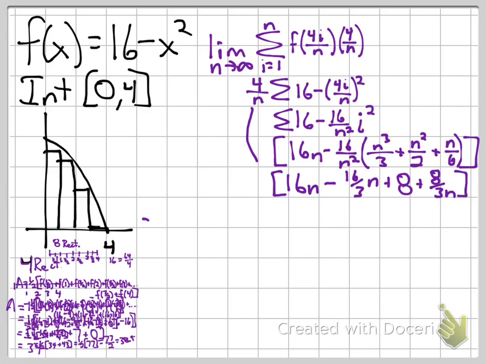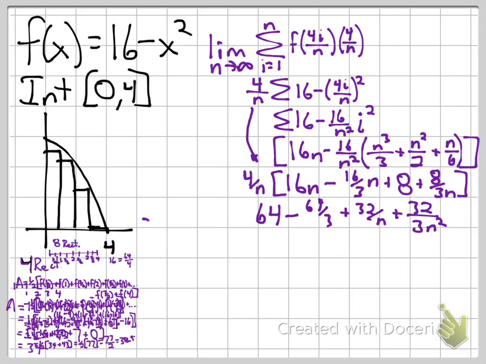I'm just going to bring down the 4 over n first, distribute that in. I now get 64 minus 64 over 3 plus 32 over n plus, that'd be 32 over 3n squared.